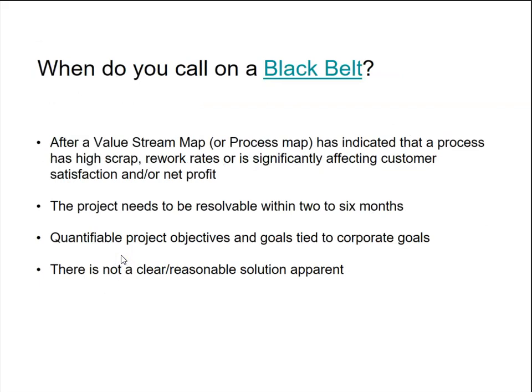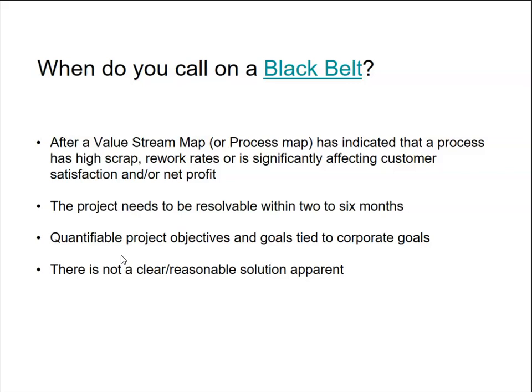So when do you call on a black belt? After we do a process map, it is indicated that a process has high scrap, has high rework, or is significantly affecting customer satisfaction and/or net profit.